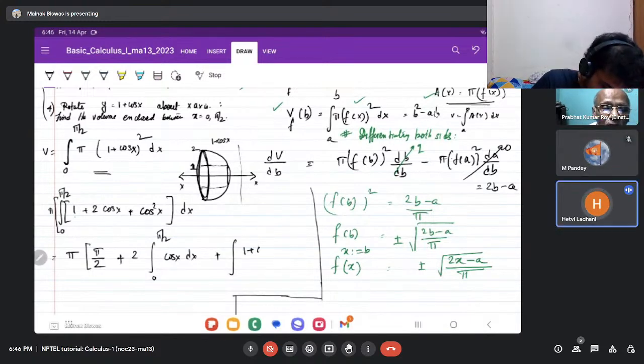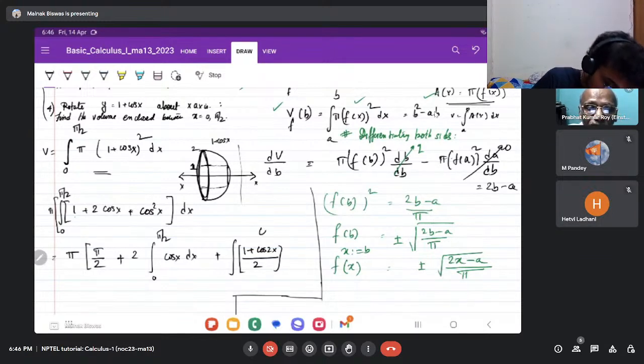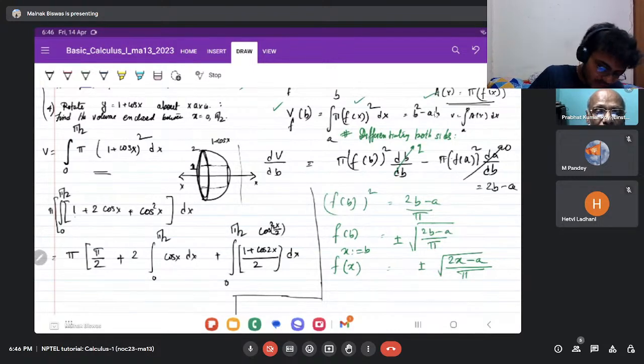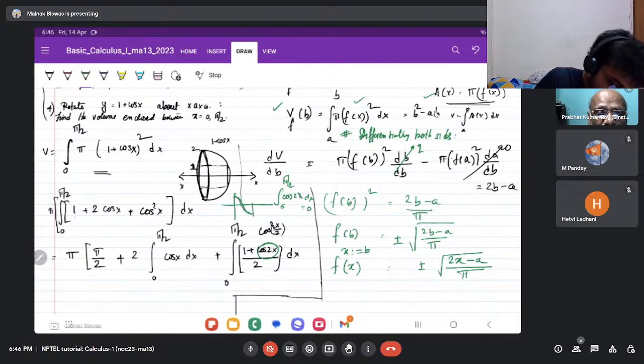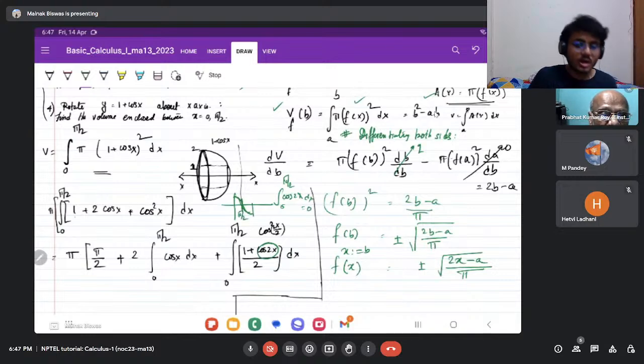Yes, both of you are correct. So cos square x is 1 plus cos 2x by 2, dx. You see, the integral of cos 2x between 0 to pi by 2 dx is 0, right? Because cos 2x will have a half period between 0 to pi by 2, which is odd about pi by 2.